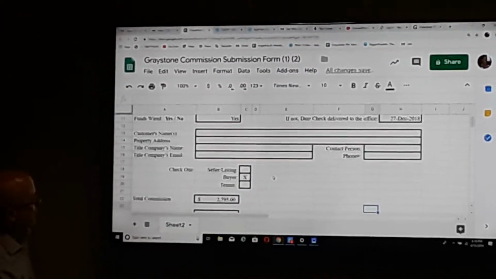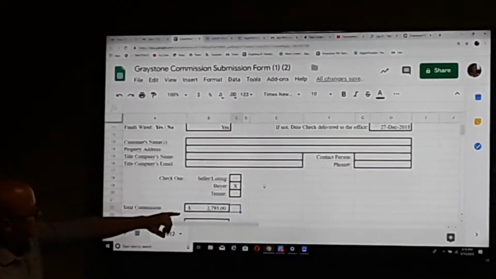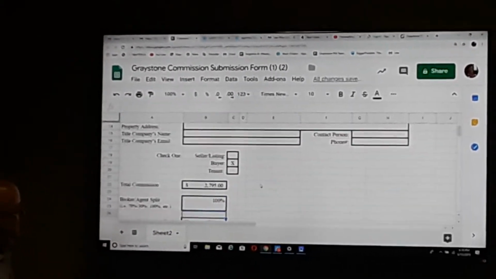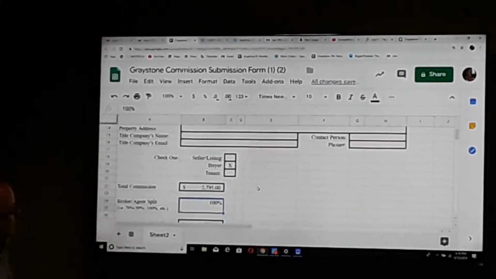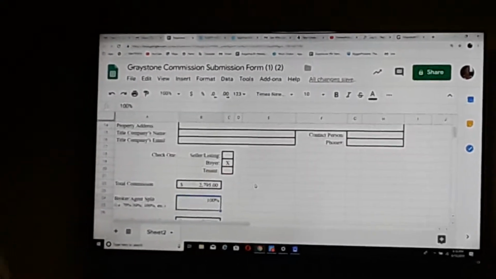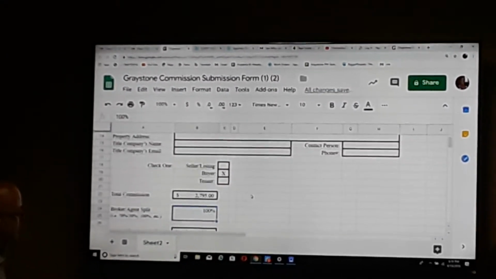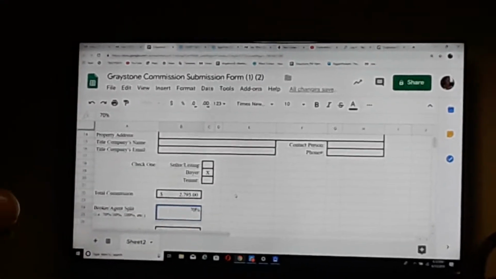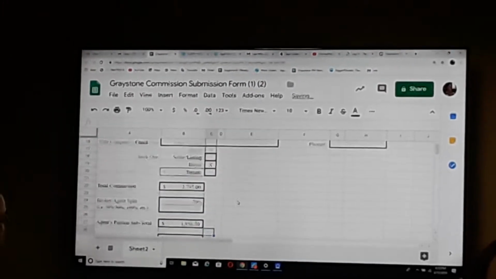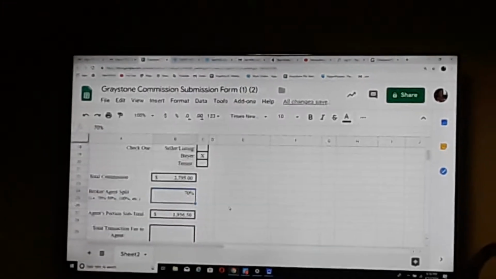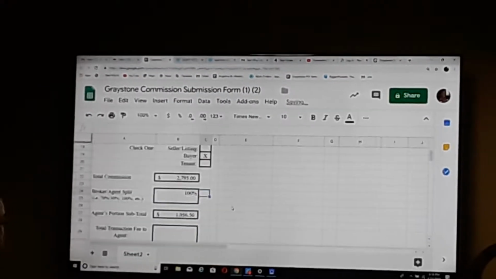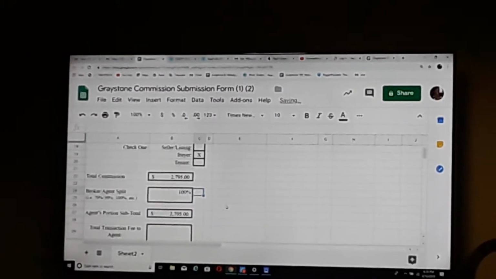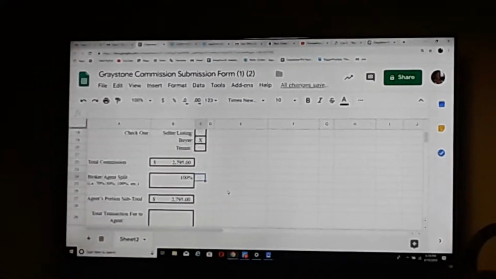All right, here it'll show the commission minus the MLS fee. If you're at 100% commission, then it'll change. Let's say you're at 70% because the office gave it to you, then that amount will change down here. See, so you don't have to take a calculator. It'll do it for you. You can use a calculator if you want to make sure it's correct.